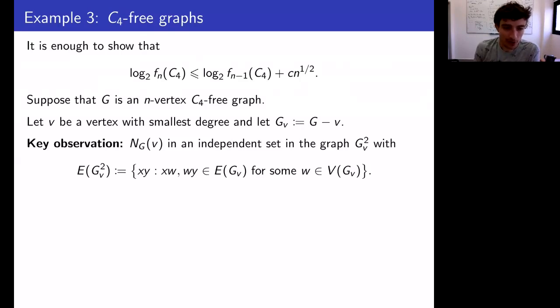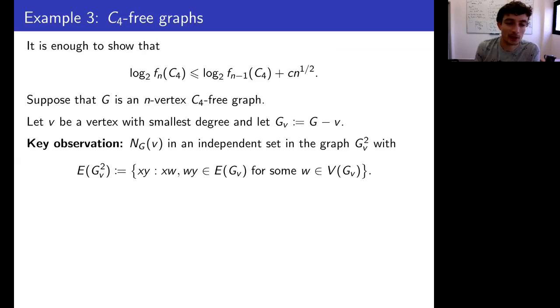Now, the key observation is that if we look at the neighborhood of V in G, which is a set of vertices in G_V, it's an independent set, not in the graph G_V, but in the graph G_V squared, which is the graph whose edges are all pairs of vertices of G_V which lie at distance 2.